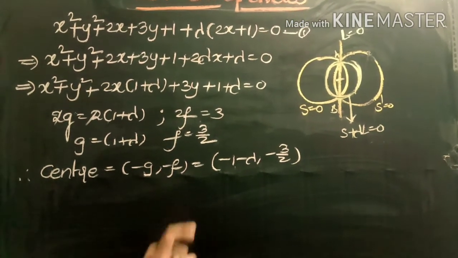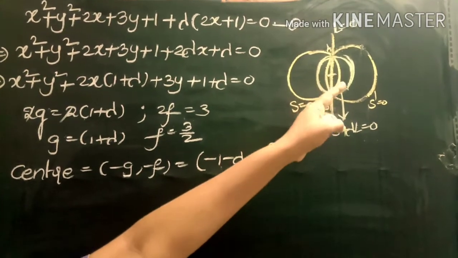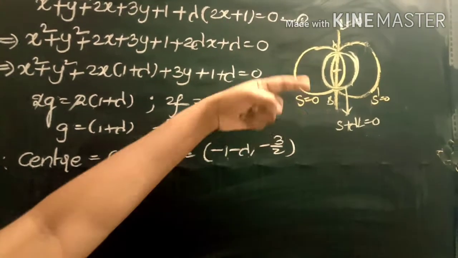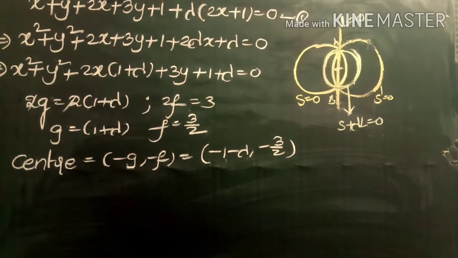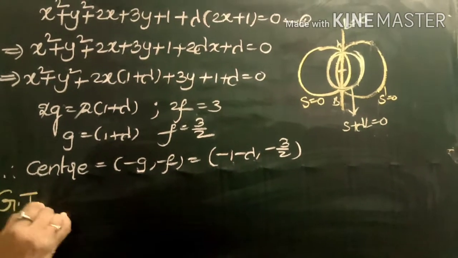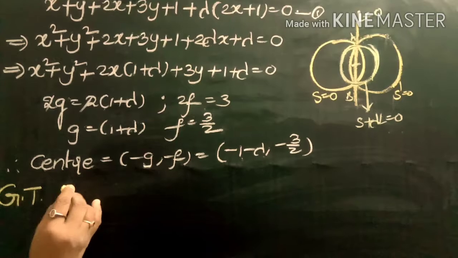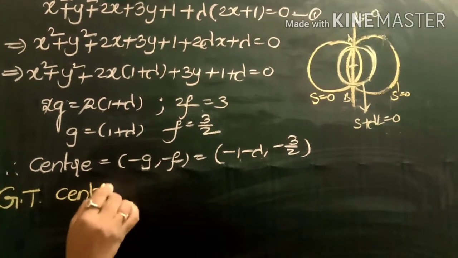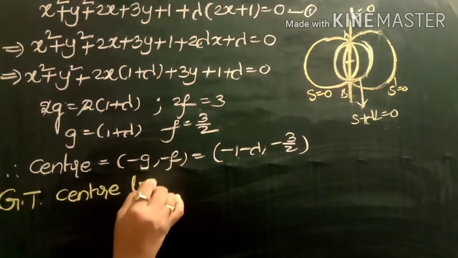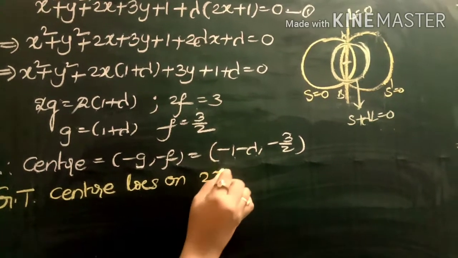But what is the given condition? Here the common chord is the diameter, so the center of the required circle lies on the common chord equation. Therefore, given that the center lies on 2x plus 1 equal to 0.